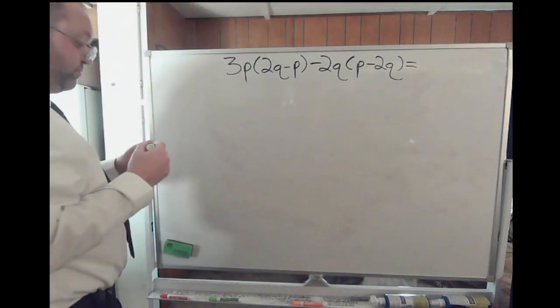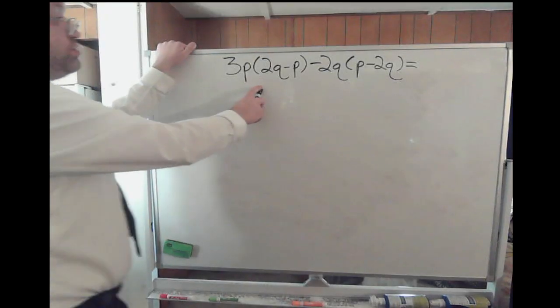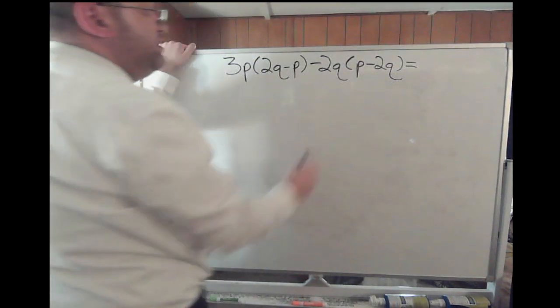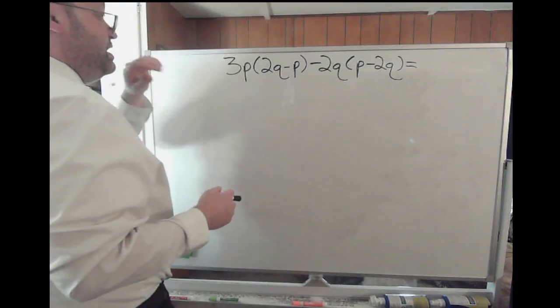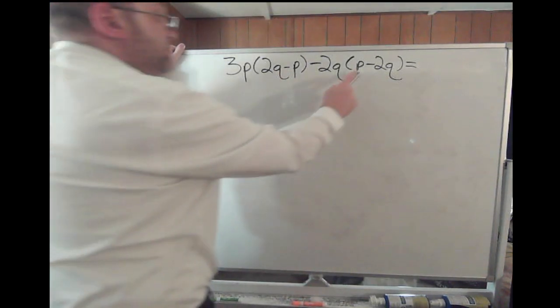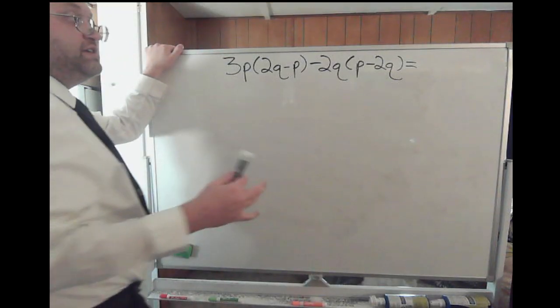Alright, so we got 3p times the quantity of 2q minus p minus 2q times the quantity of p minus 2q. Well, 2q minus p almost looks like p minus 2q, but they're the opposite of each other.